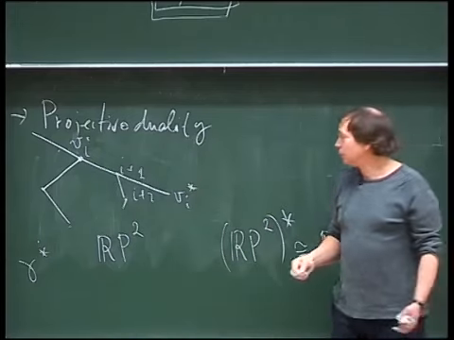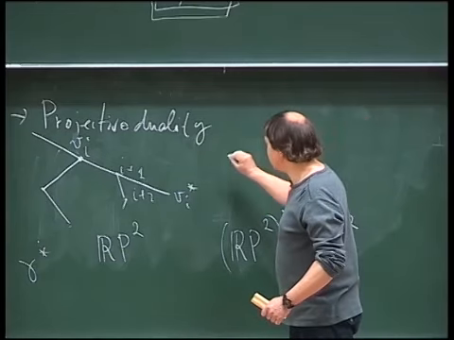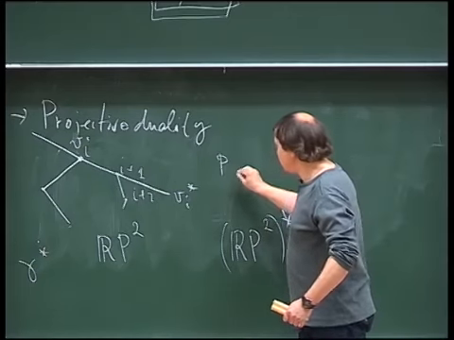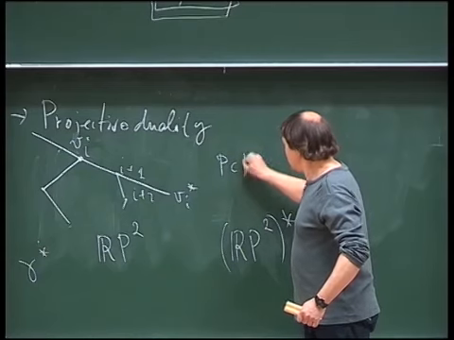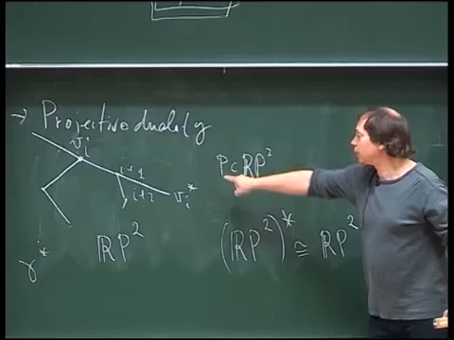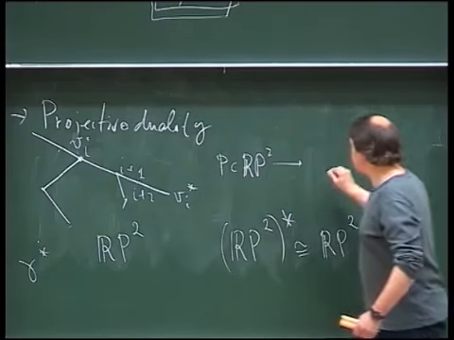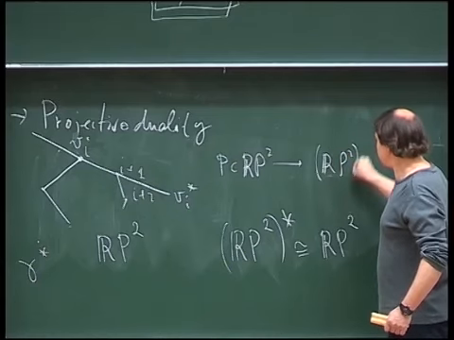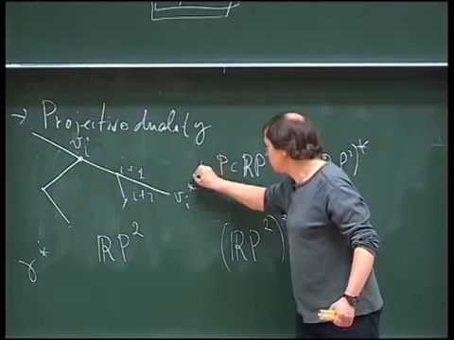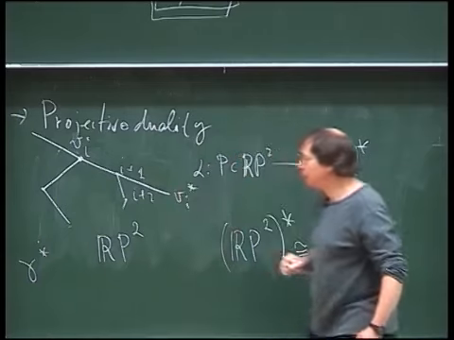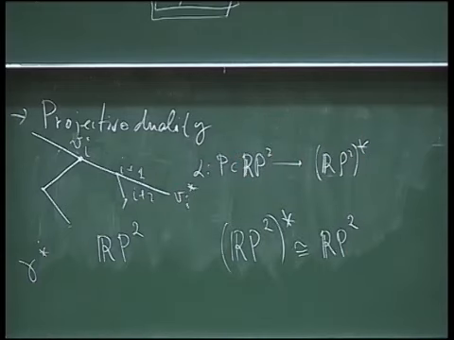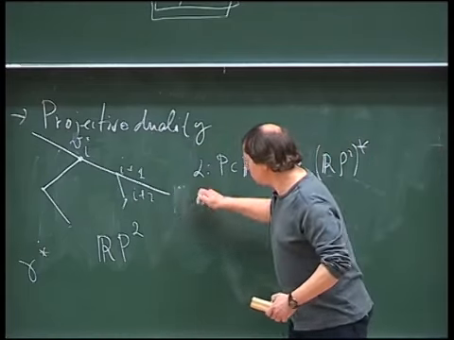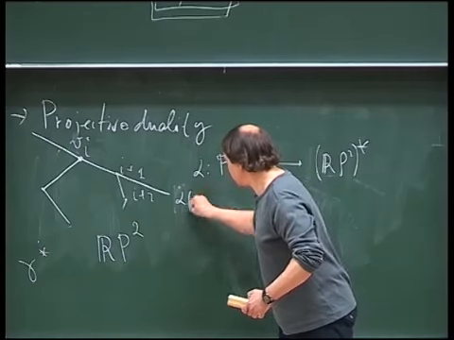Why not? Well, I call this map, this is the duality which sends P, n-gon in RP2 into the dual space, and I call it alpha. And this is the definition. But there is another candidate. So this is alpha of Vi, okay?